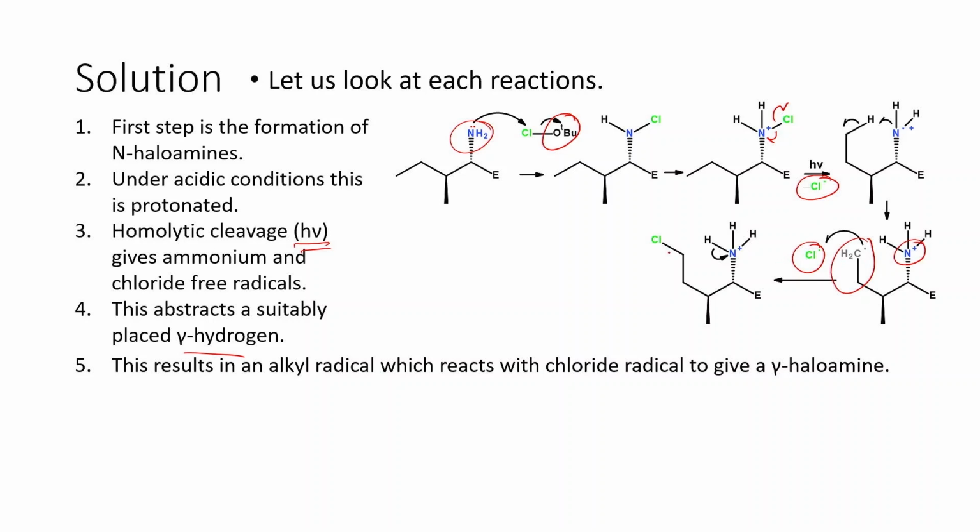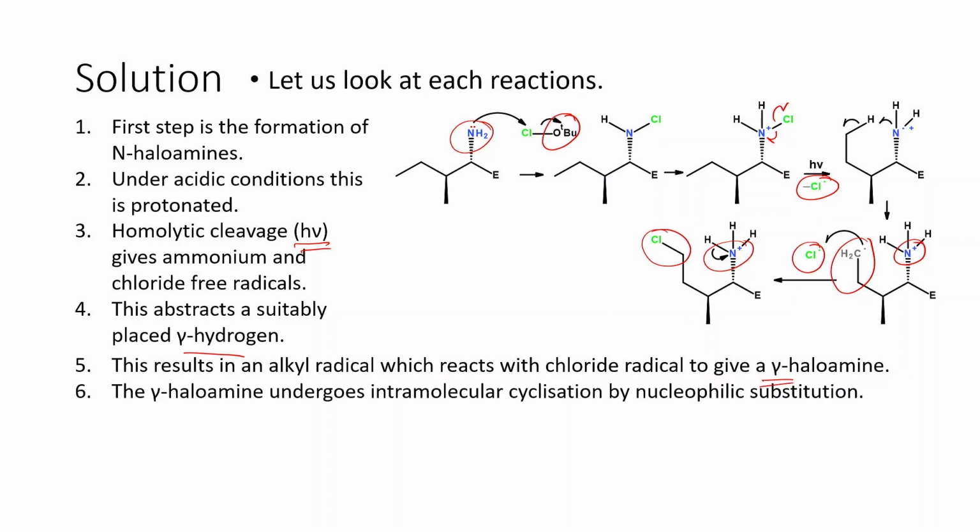So we end up with a chloro compound, in other words a chloroamine. In this particular case the halogen is in the gamma position, so we end up with a gamma haloamine, and this gamma haloamine has a chloride unit which is a very good leaving group.